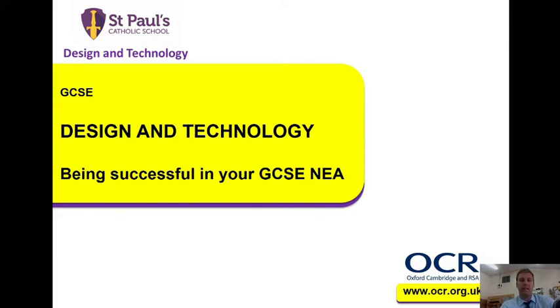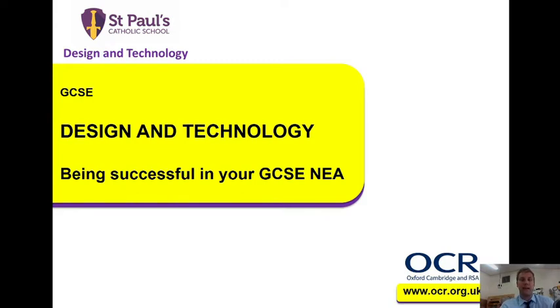GCSE D&T is split into two sections, both worth 50%: the NEA, more commonly referred to as coursework, and the examined content. The examined content focuses on the core principles of D&T, which run throughout electronics, fashion and textiles, woods, metals and plastics, and graphics, papers, cards and boards.